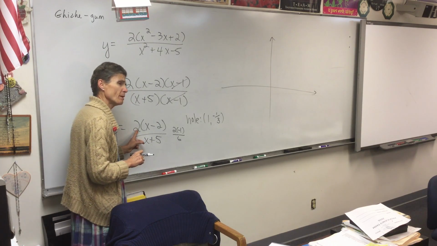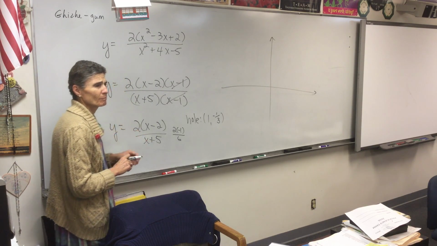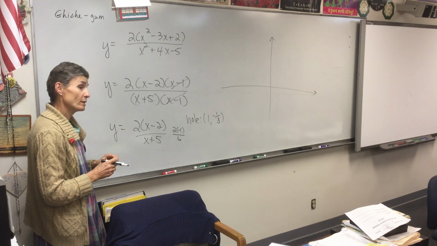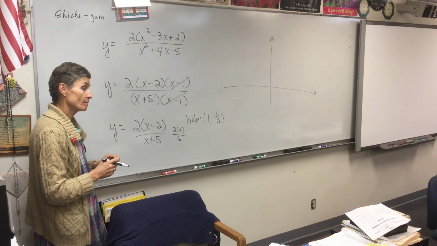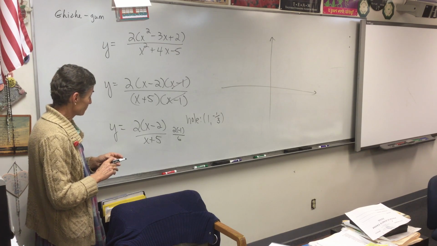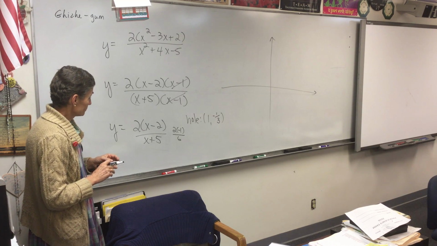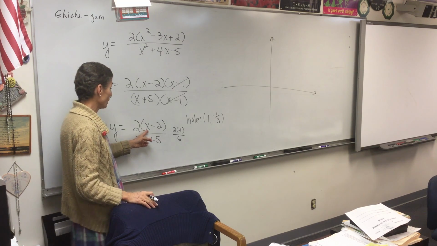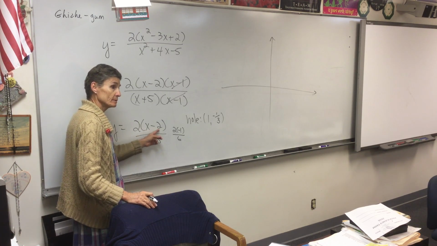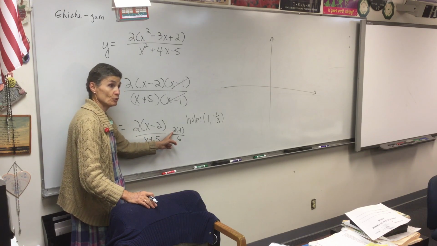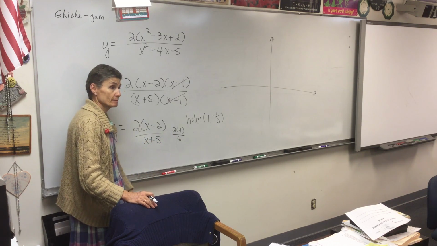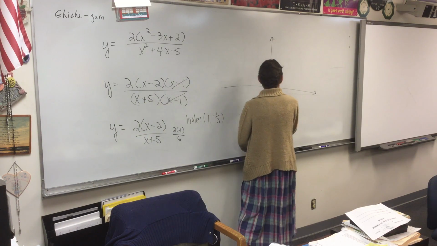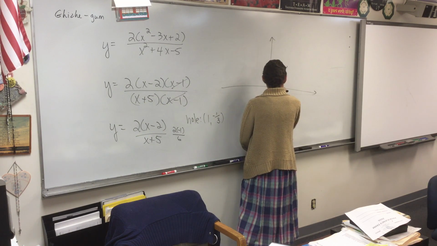Marley, did you forget the 2 maybe? Would you agree it's -1/3? If I put in 1, I get -1. 2 times -1 is -2 over 6. So I have a hole at 1 comma -1/3.